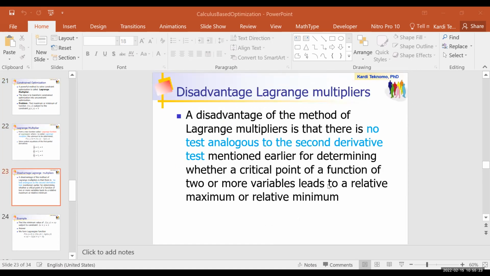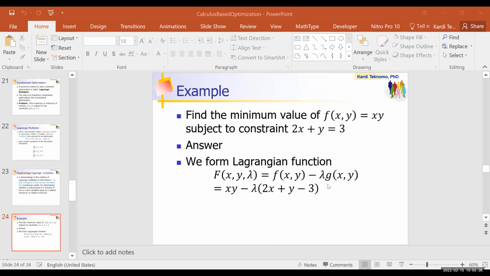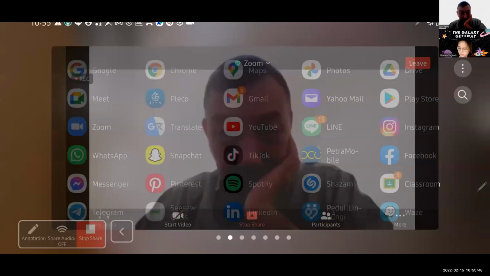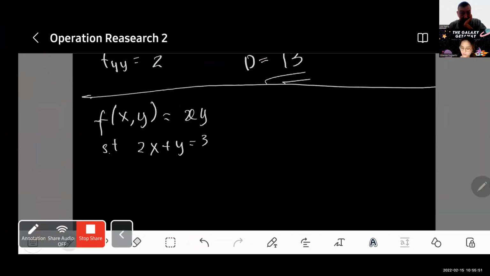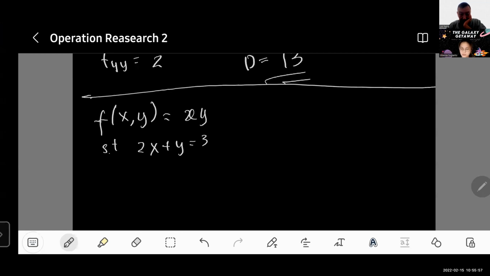Can you try this? Suppose you have this problem. Can you solve it? 2x plus y equals 3. Firstly, the most important is to create that optimization formula.